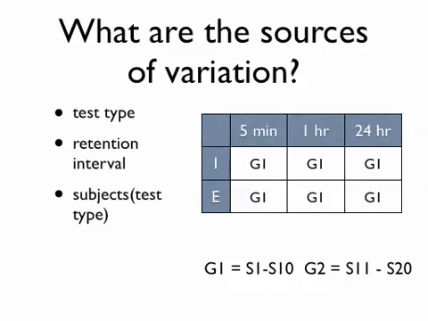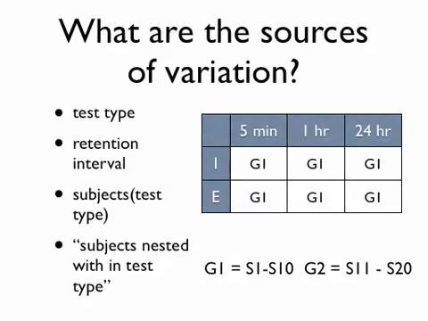So what we say here, we have subjects nested within test type. That's what the parentheses mean. Subjects nested within test type. That's how you say that. Or just subjects within test type. What that says is some subjects get one level of test type, and other subjects get a different level.